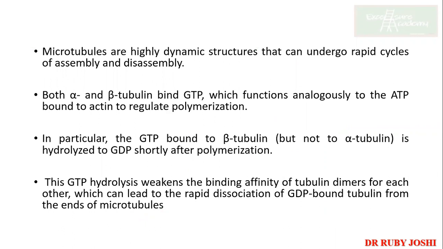Both alpha and beta tubulin bind to GTP, which functions analogously to the ATP bound to the actin. So every time it is compared with the actin. Now the GTP bound to beta tubulin is hydrolyzed to GDP shortly after polymerization. GTP hydrolysis weakens the binding affinity of tubulin dimers for each other, which can lead to rapid dissociation of GDP bound tubulin from each end of the microtubule.